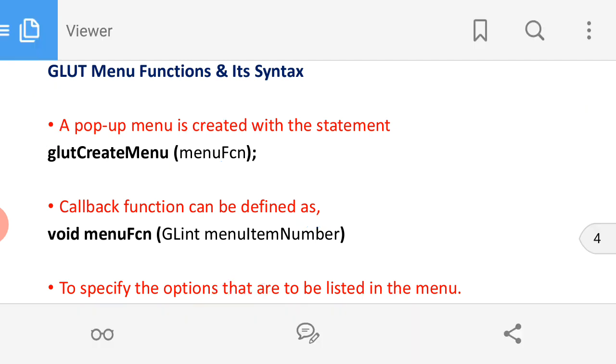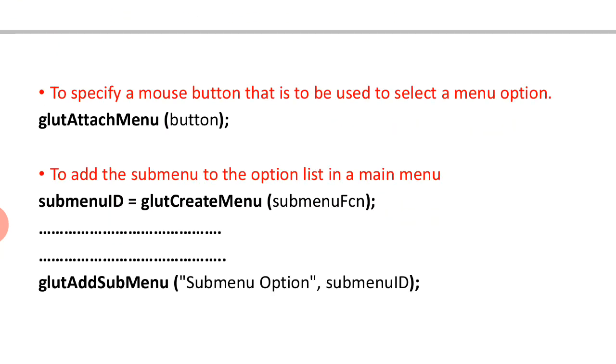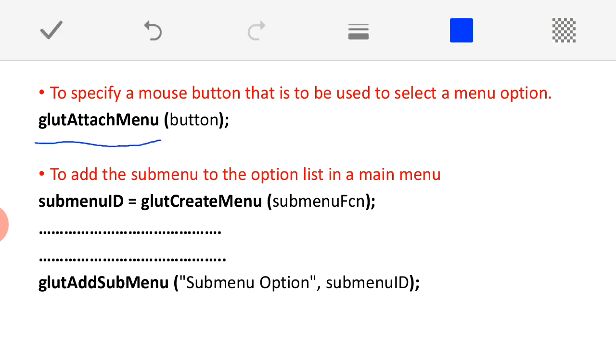Then moving ahead, as I told in the beginning, now we have to fix with what mouse button my choice will be used, meaning the action will be taken whenever I click on any of the choices of that particular menu. For that we are going to use the function called glutAttachMenu, and the parameter is button here. Button means this button belongs to the mouse.